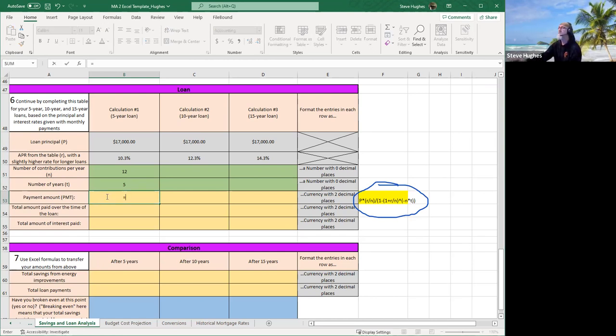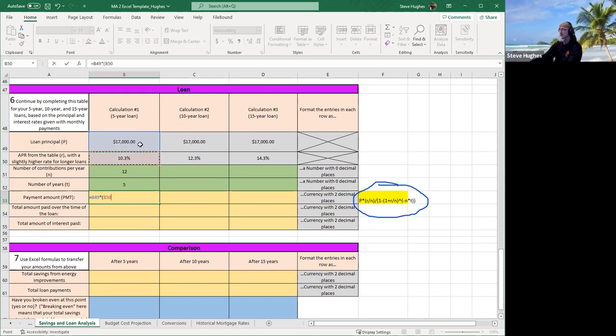Start with equals, then P. P is my principal, all right? Then the asterisk, then open parentheses, then R, all right?